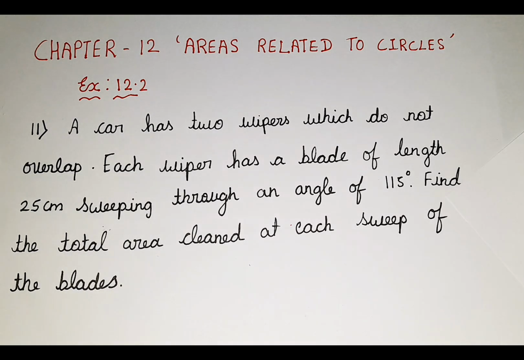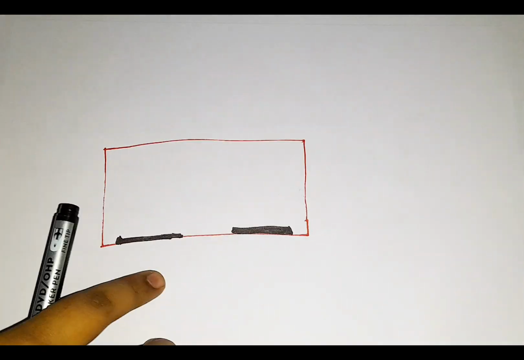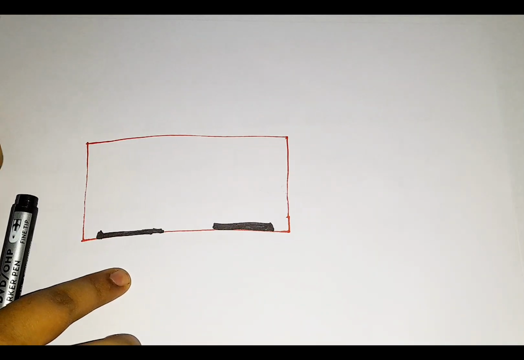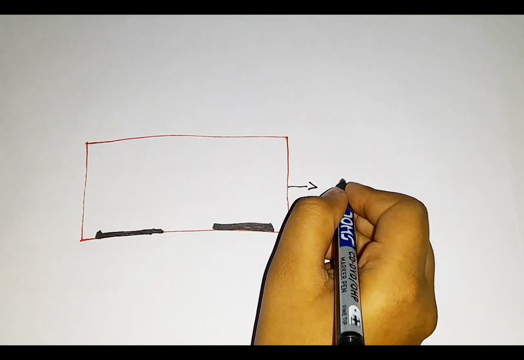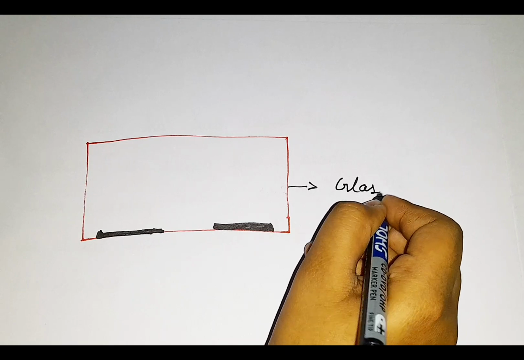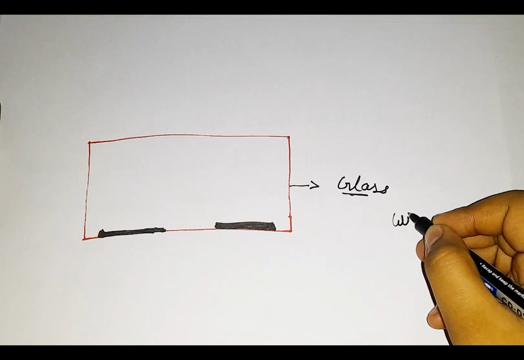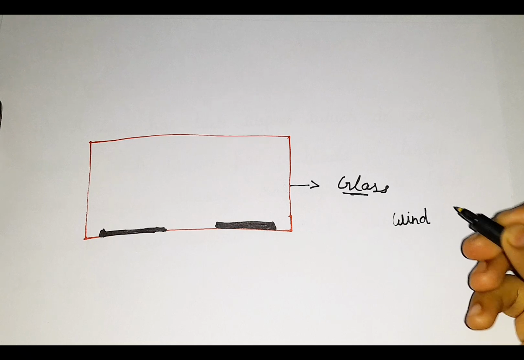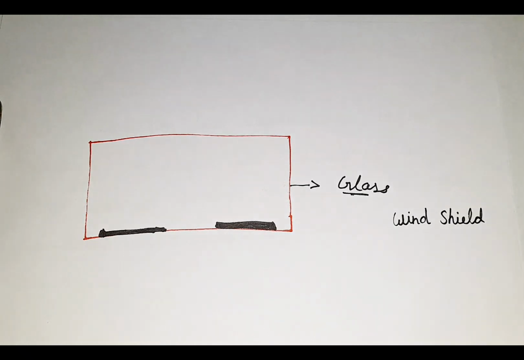Here I already drew the windshield. Once again, this rectangle shape is the front glass. Just for basic understanding I am calling it glass, but in a car we call it the windshield.